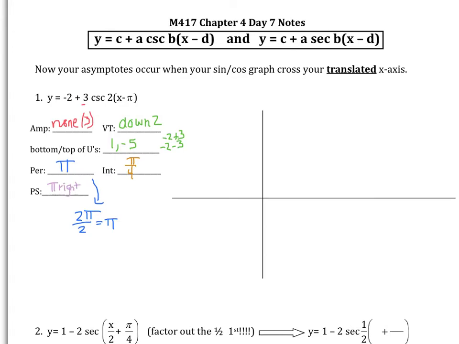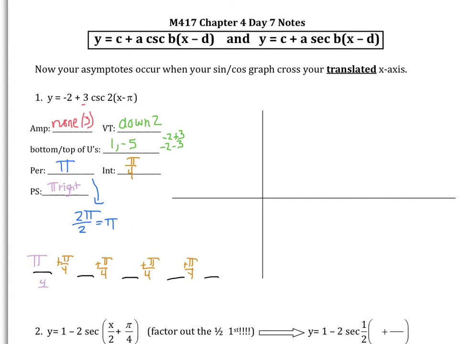Okay, so just like always, I'm going to start with my x-axis. I've got a phase shift, so I'm going to be adding the interval. Since my phase shift is pi to the right, I'm going to start my intervals at pi.